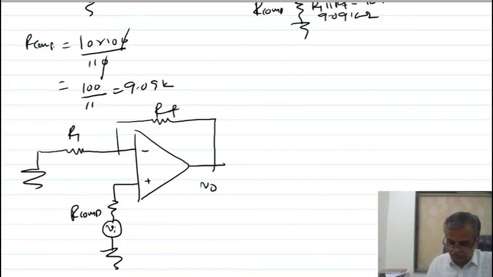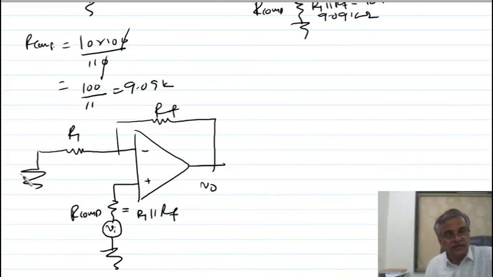So this is the circuit diagram of a non-inverting amplifier to reduce the error due to DC input bias current, and you reduce the error by introducing the R compensated resistor in the non-inverting terminal. Whenever you want to use your non-inverting amplifier, you have to connect R compensated here, and it is a parallel combination of the resistors RF and R1.